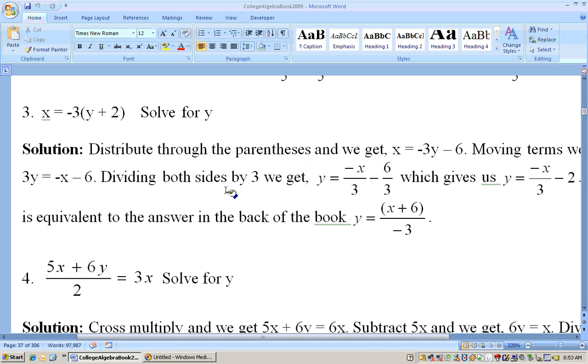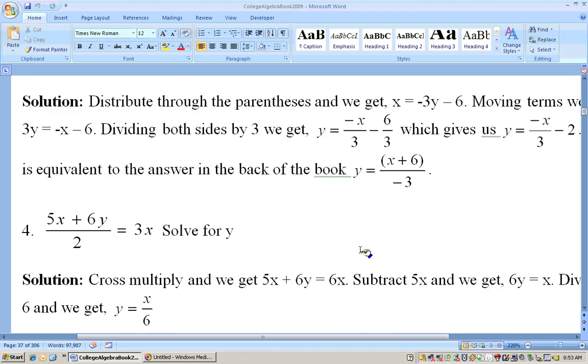Now, that's fine, or I could break it up and say that's -x divided by 3 minus 6 over 3. And the reason you might want to do that is because 6 over 3 reduces down to 2. So this and this, they're all equivalent answers, and generally these are multiple choice type of answers that would be only written correctly one way, or if it was fill in the blank, all these would be correct.